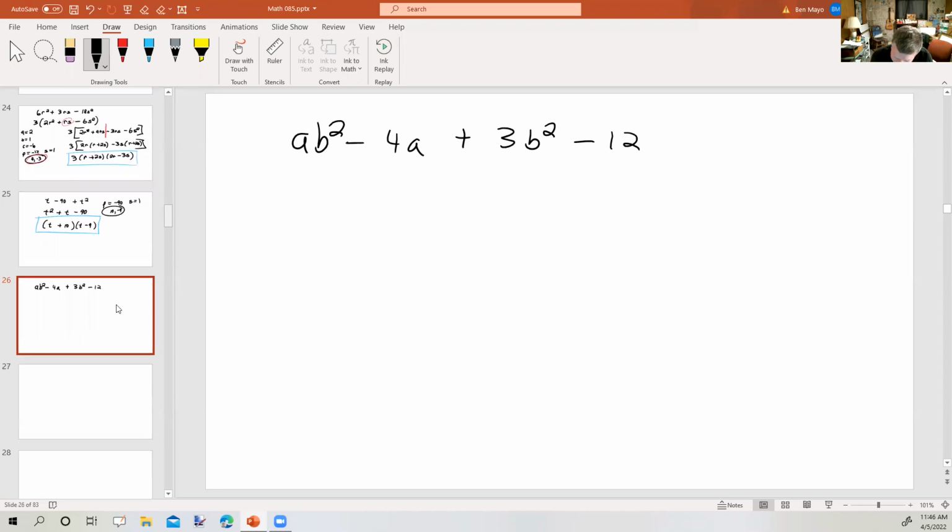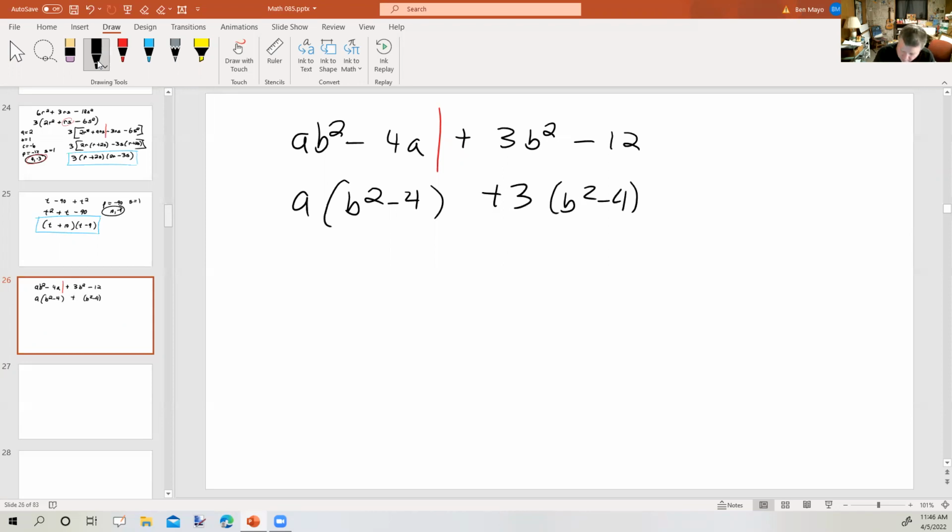All right. So let's take this and use factoring by grouping. But first, is there a greatest common factor for all 4 terms? The answer is no. So factoring by grouping, the greatest common factor of the first 2 terms is a. The leftovers are b squared minus 4. So on the right side, the leftovers are b squared minus 4. And we have a plus 3 outside.